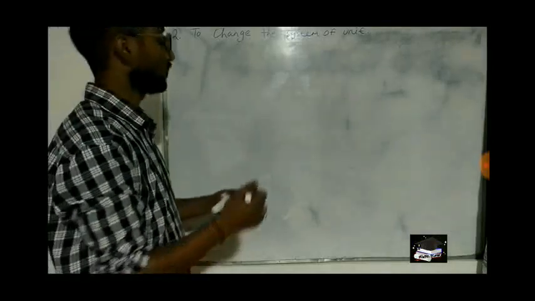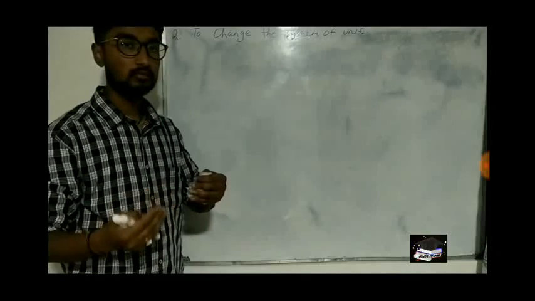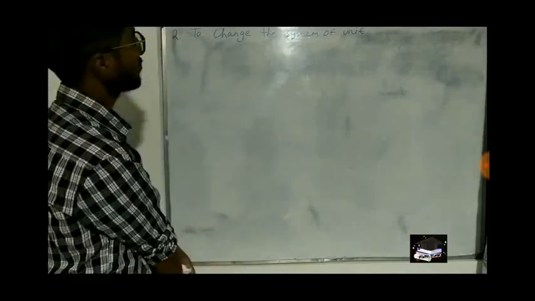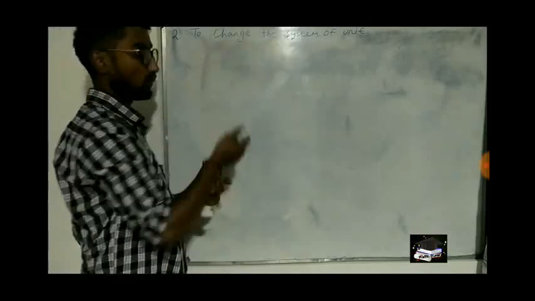Suppose one unit is given in SI system, we can convert it into CGS system. Okay, we'll do that. And this is use number 2, to change the system of unit.